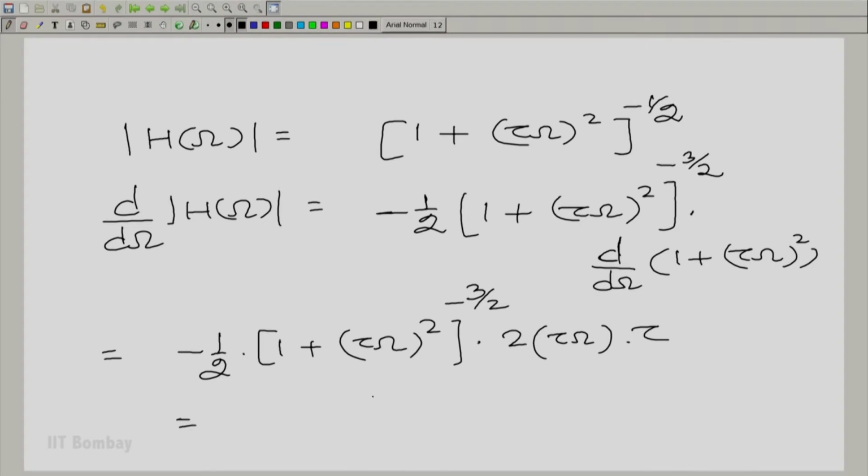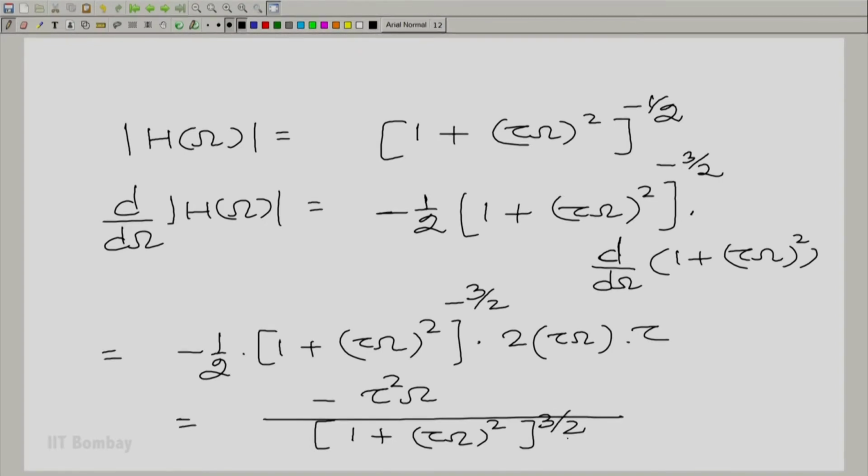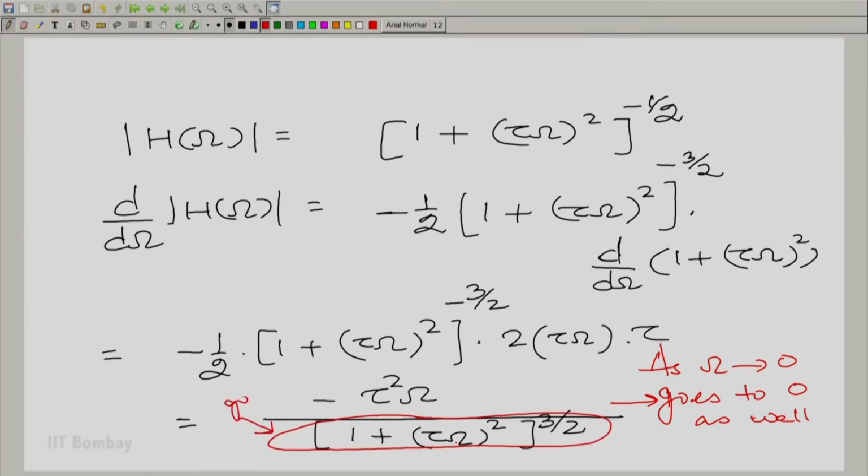You have tau squared omega divided by 1 plus tau omega squared to the power 3 by 2 in the denominator. Now, let us look at the situation as omega goes towards 0. As omega goes to 0, this derivative goes towards 0 as well. That is very easy to see, because as omega goes to 0, this quantity is negligible. So, this essentially goes to 1 and this goes to 0.